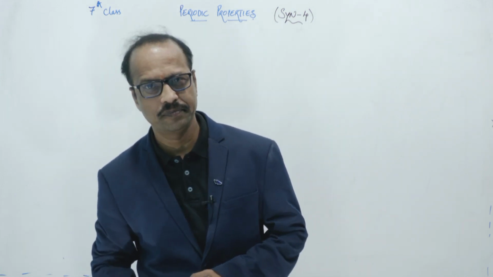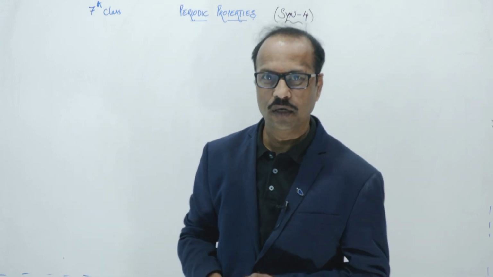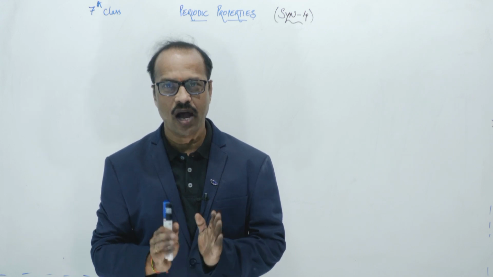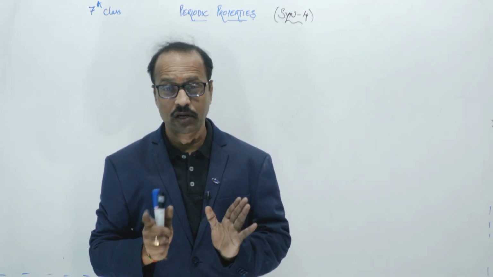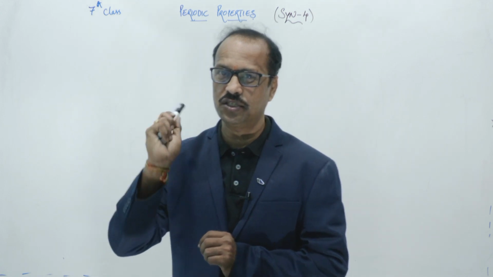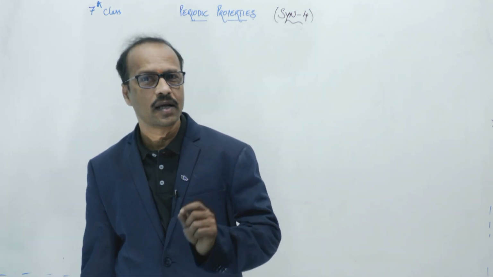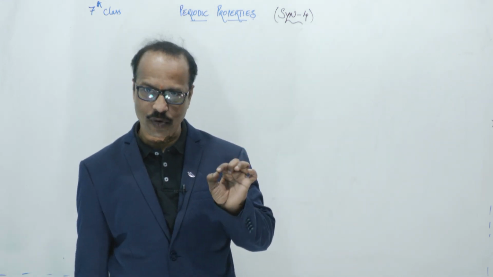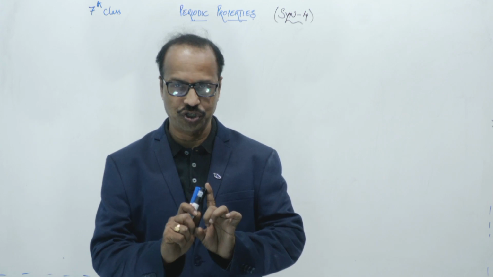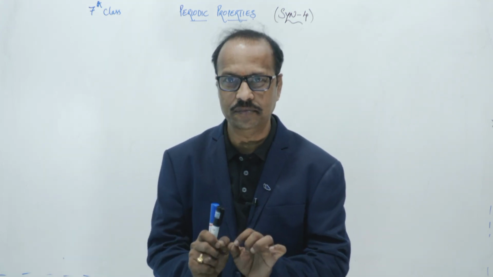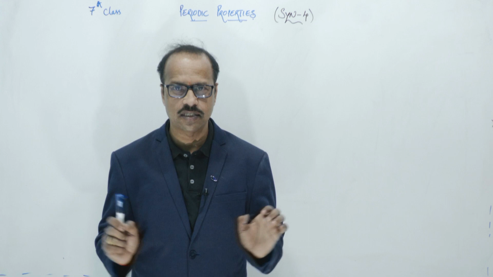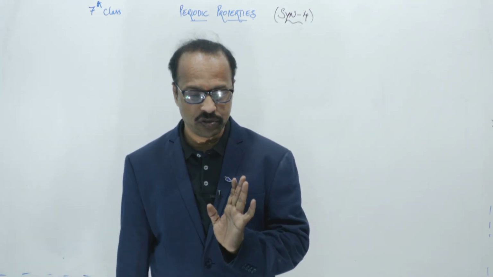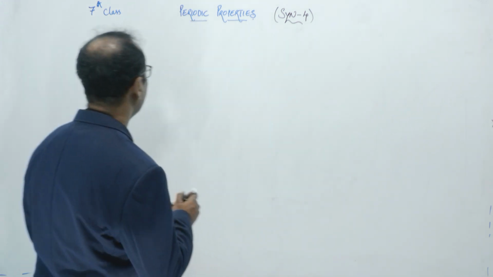Do you remember? We discussed ionization potential. Just recollect: the amount of energy required to remove an electron from the outermost shell of a gaseous neutral atom is called ionization energy. So today we are going to discuss electron affinity.